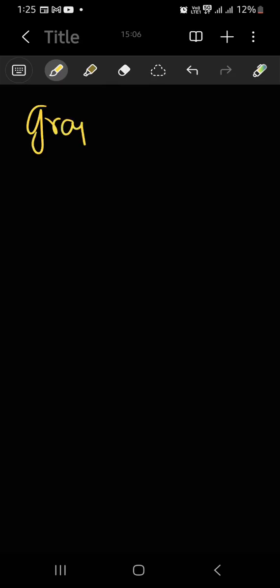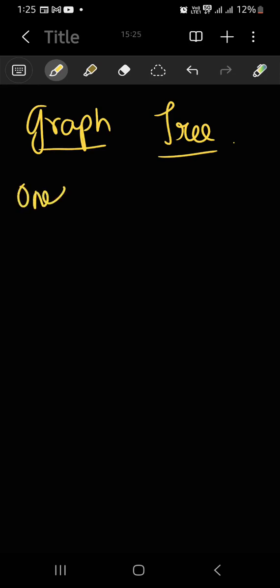Okay, now we will be understanding the differences between graph search and tree search. See, the main similarity is that in graph search or tree search, you are always searching in a graph only. So what is the difference? The difference is basically in the pattern of traversal. In graph search, one state is only visited once.